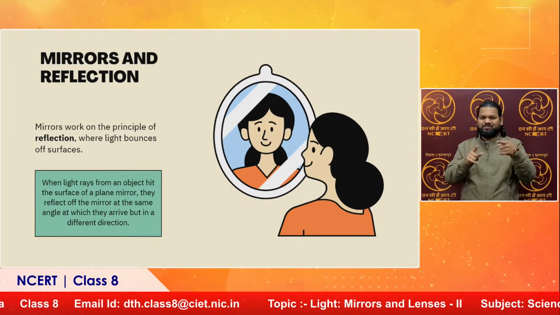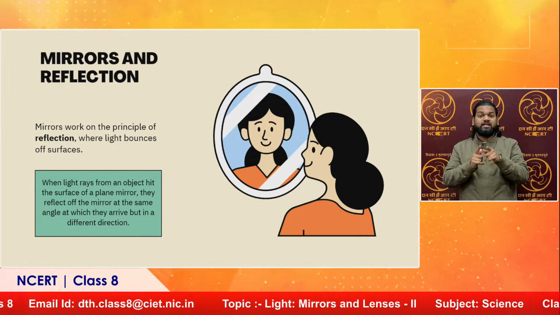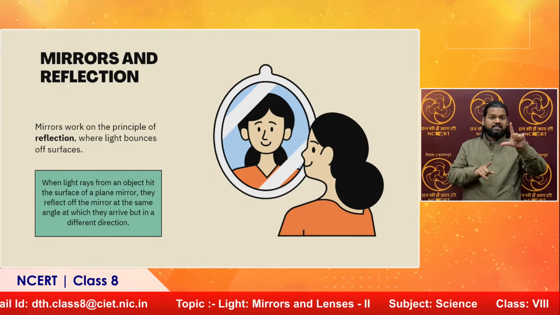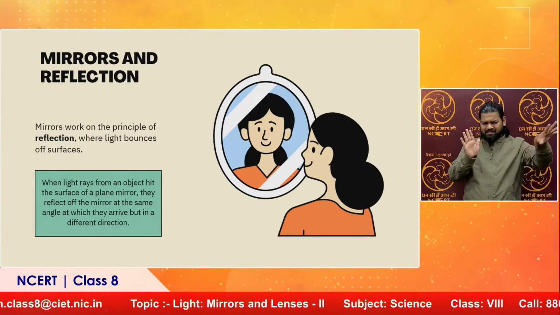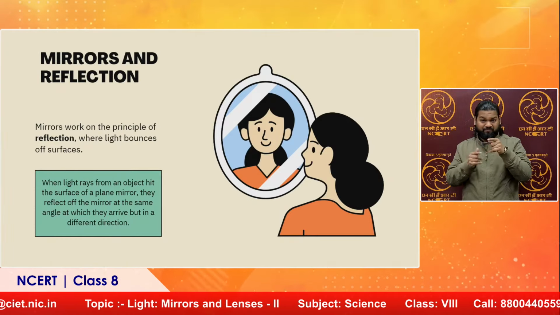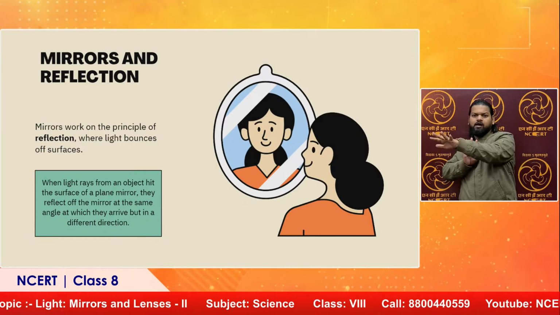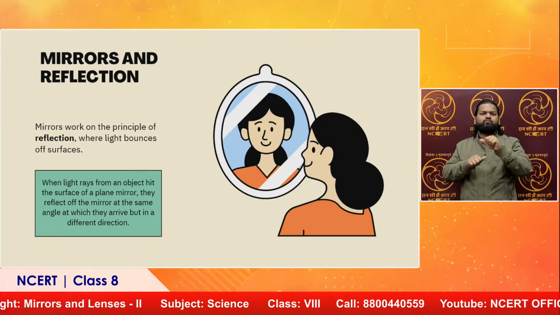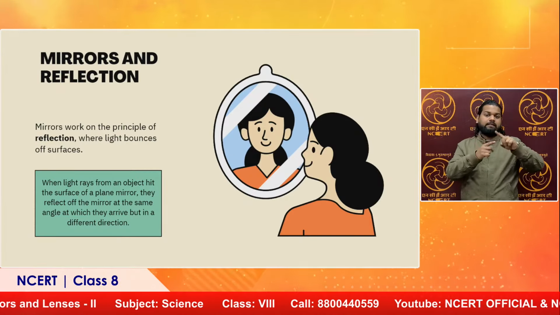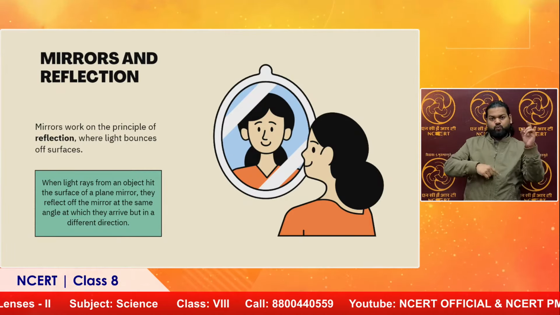There is one more term here, reflection. What is reflection? It is the bouncing back of light. Whenever light rays hit the surface of the mirror, they bounce back, and this phenomenon is known as reflection.